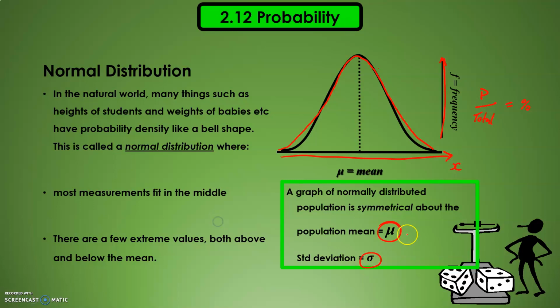If we are using a sample, we use an s and an x bar. But that's not something you should worry about, but you may see it written in different things you look at. So that's the key thing with normal distribution. The shape is the same no matter what the variable is. What changes is the mean and standard deviation.